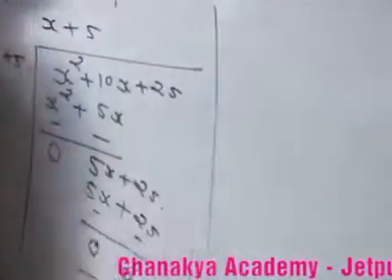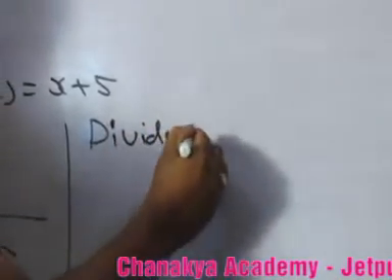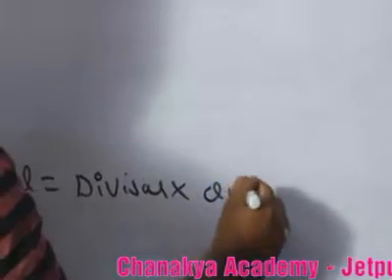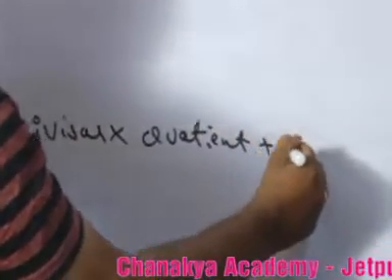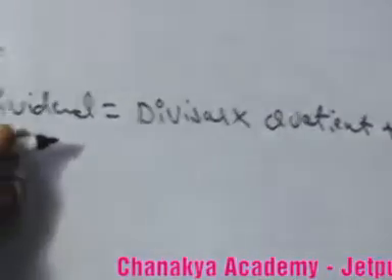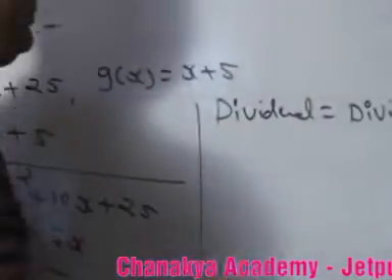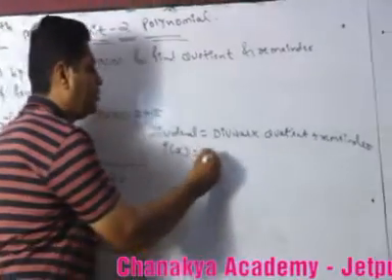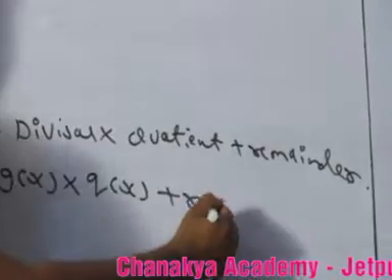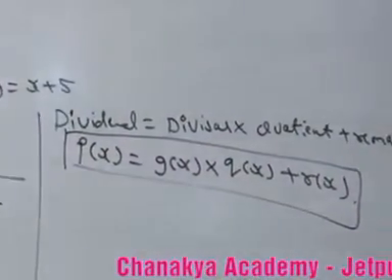Now we are applying our formula. Dividend equal to divisor into quotient plus remainder, which is written symbolically as P of x equal to g of x into q of x plus r of x. Repeating, this is one of the important formulas.